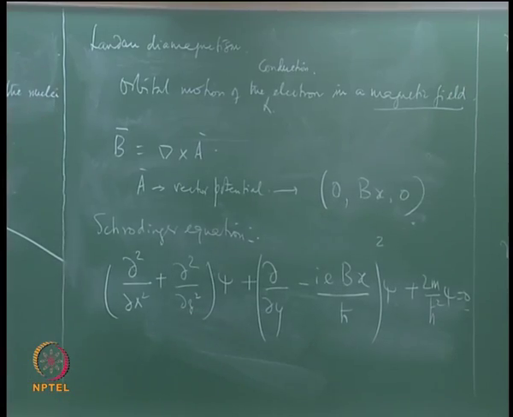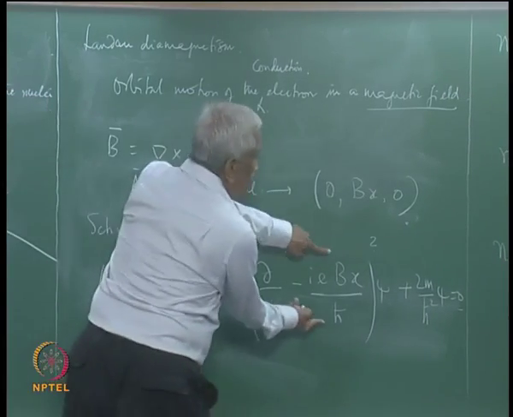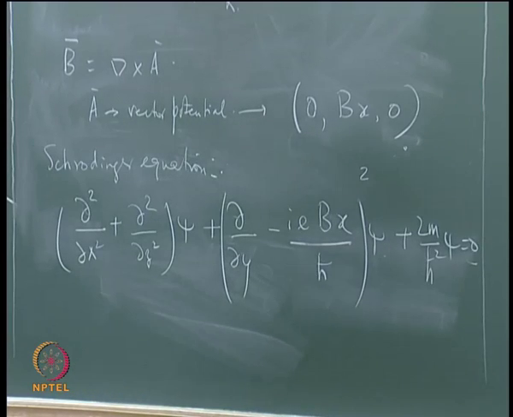That would be the Schrodinger equation, which has this additional term due to the magnetic field.